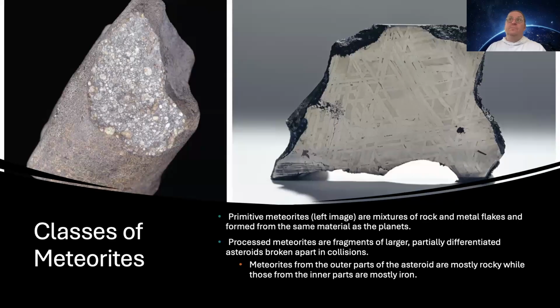Now, if you find a rock, someone might ask how you know it came from out of space. Well, there are two basic ways. Is the composition of that rock markedly different from the rock all around it?